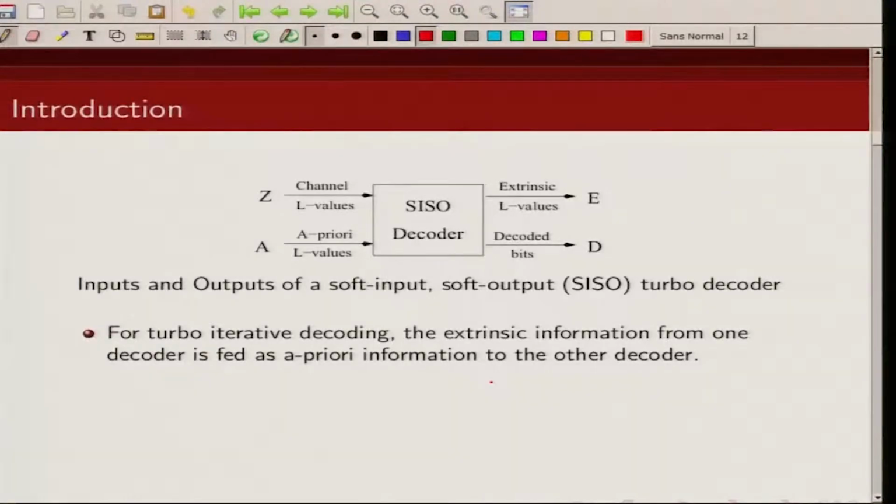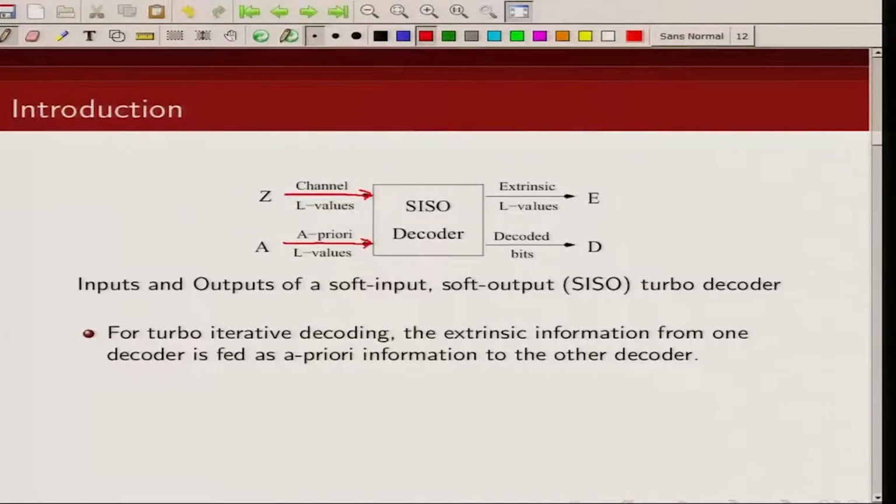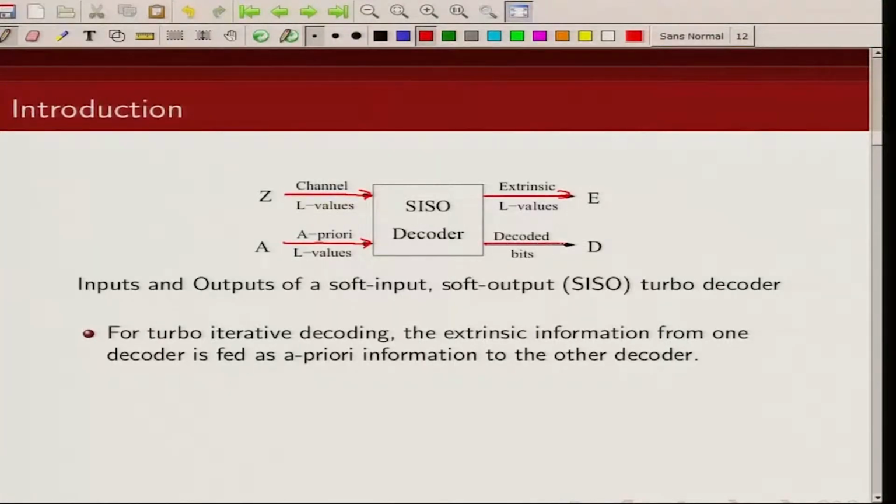The heart of a turbo decoder is a soft input, soft output decoder, and if you recall, this soft input, soft output decoder takes in as input the channel receipt values corresponding to the information and parity bits, a priori value which it receives from the other decoder, which are the extrinsic values passed on to the other decoder, and it computes extrinsic values as well as APPL values, where you take a hard decision to get back your decoded bits. So if you look at a turbo decoder, this is the heart of a turbo decoder.